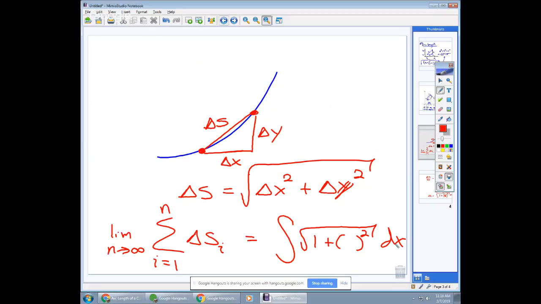So if I take the limit as delta x goes to 0 of delta y over delta x, does anybody know what that turns into? What is it?